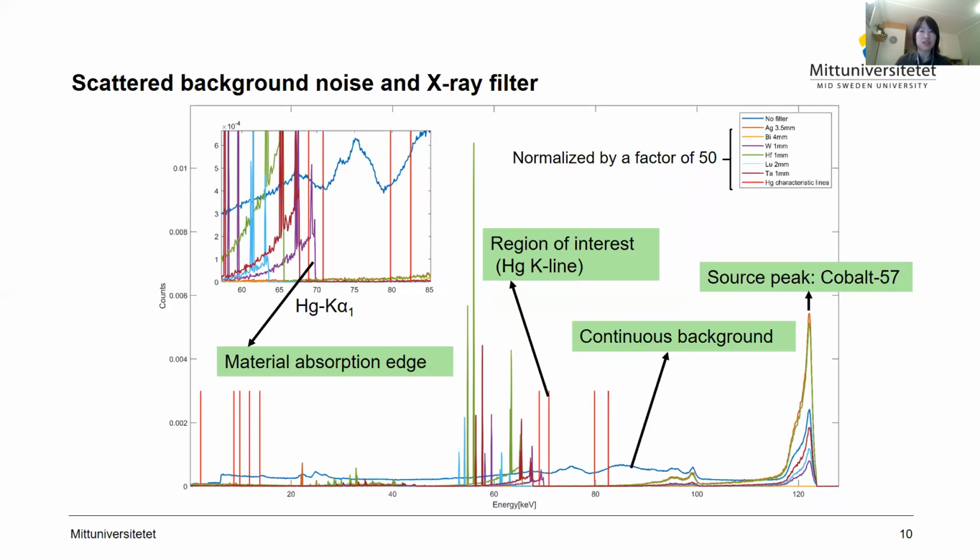The background signal in an XRF spectrum originates from the scattering of primary photons by the sample surface. For in situ XRF analysis, the water surrounding the sediments introduces scattered background noise, which gives rise to a poor limit of detection in the XRF measurements.